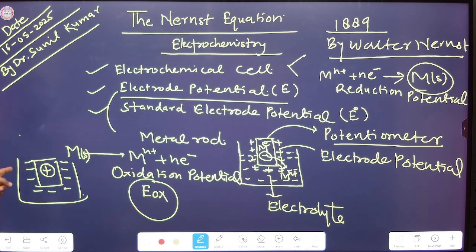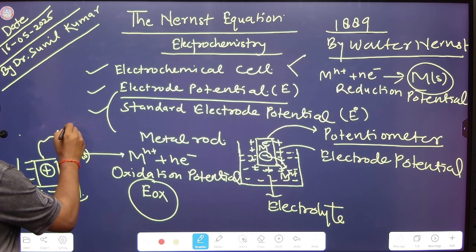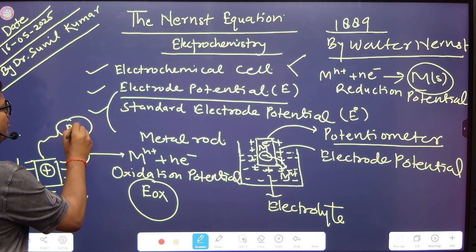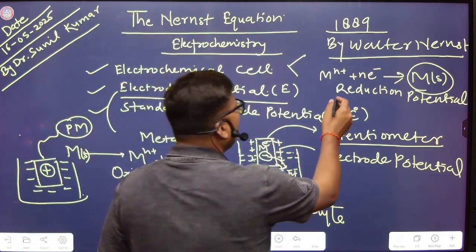So the solution is negatively charged and the metal rod is positively charged. There is an interface between this positively charged metal rod and this negatively charged electrolyte solution, and hence the potential that is generated can be read by a potentiometer, PM. So it is called the reduction potential, right?